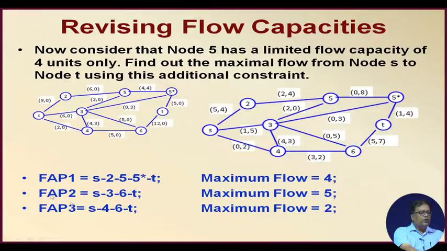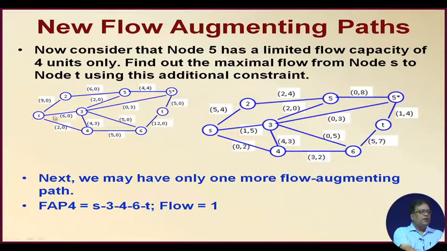Again we follow the same process. We find the flow augmenting paths, we find the maximal flows, and then revise the capacities. Then we find there are no further flow augmenting paths, and we see a cut set is exhausted. Which cut set gets exhausted? You can easily understand that it will involve 5 and 5 star.